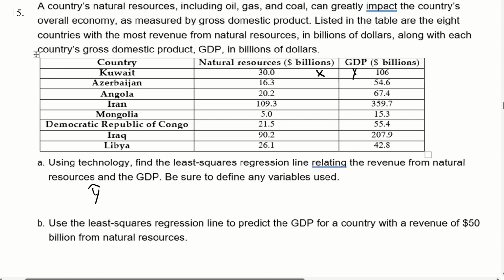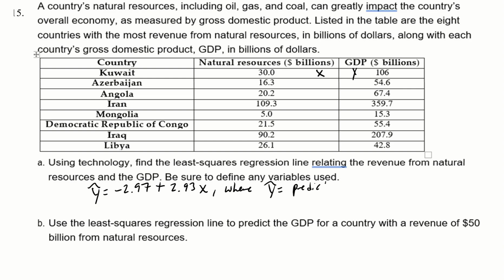So we got y hat equals negative 2.97, we're just going to use 2 decimals, plus 2.93x, where y hat equals predicted GDP and x equals natural resources, in billions. And then, of course, GDP is also in billions.